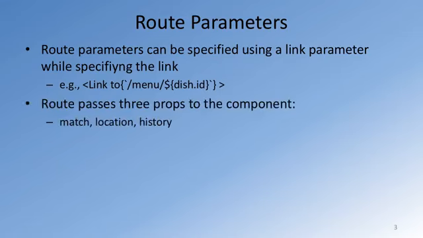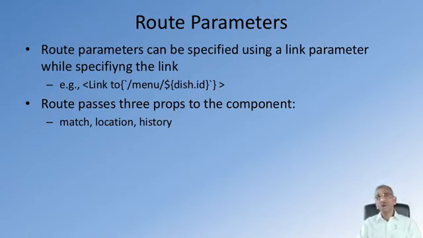Now, when this happens, what the route component does is pass three props to the component which it is rendering. The three props that it passes are called match, location, and history. Match is the one that carries the route parameters inside it as its own properties.